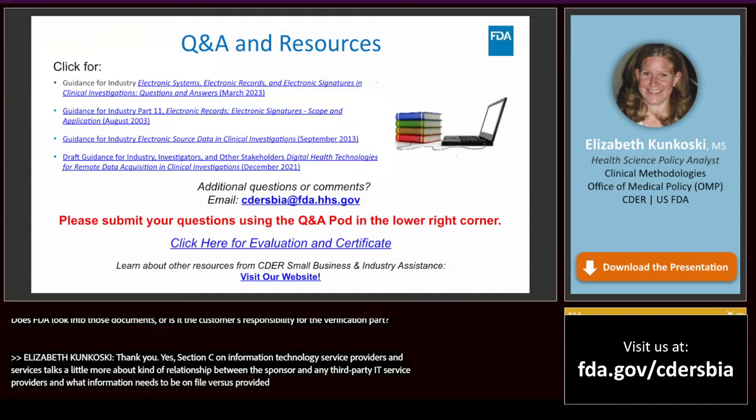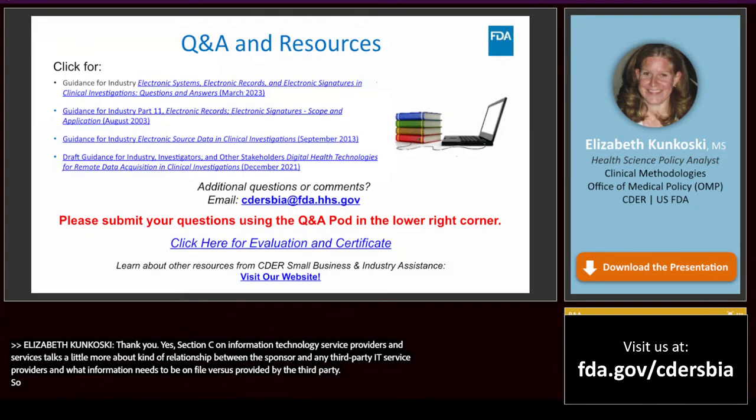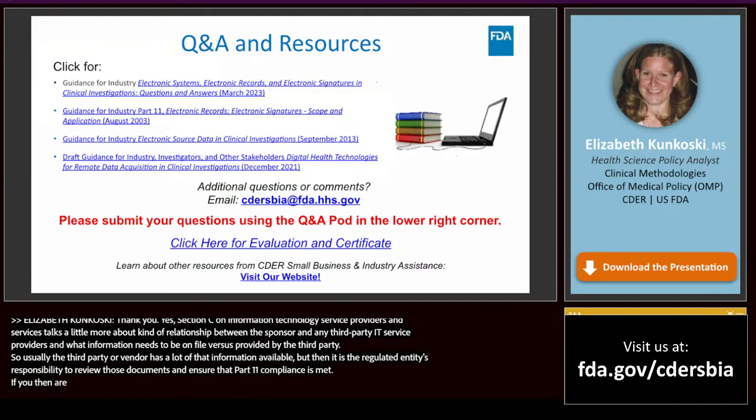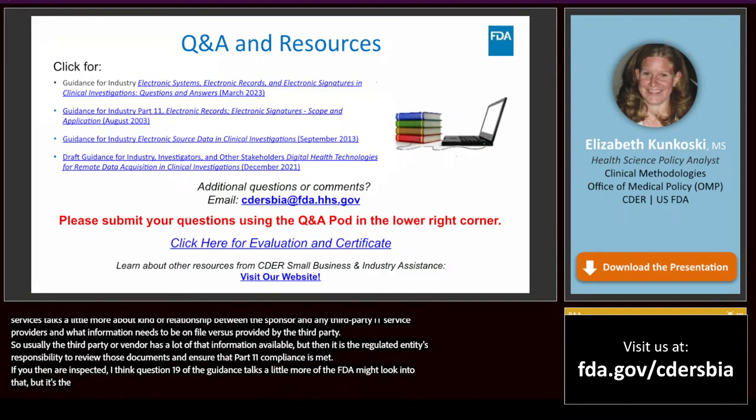Usually the third party or vendor has a lot of that information available, but it is the regulated entity's responsibility to review those documents and ensure that Part 11 compliance is met. If you are then inspected, question 19 of the guidance talks a little more about how FDA might look into that, but it's the sponsor's responsibility to have that information available.